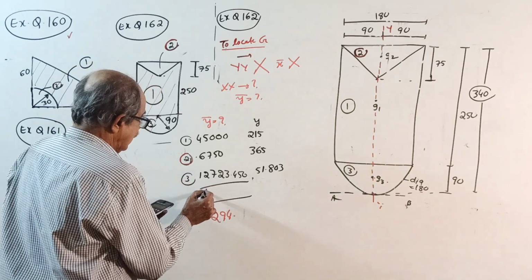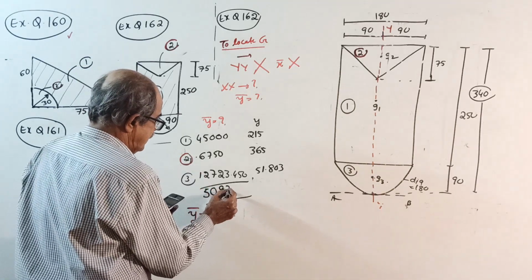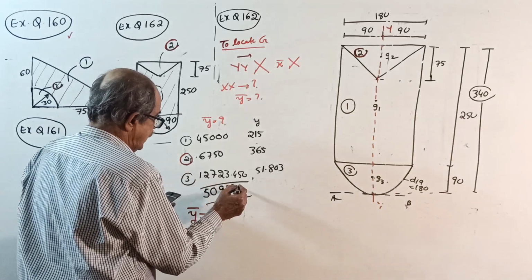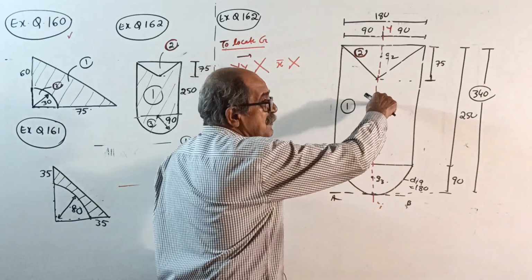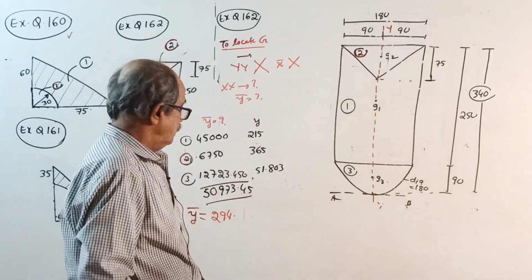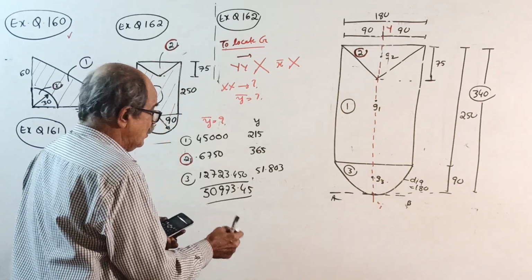When I got Y bar, 50,973.45. See, when I got Y bar, I know that Y bar will come a little below G1. I know it, but it came above. So immediately I realized the mistake. See, that is called common sense.